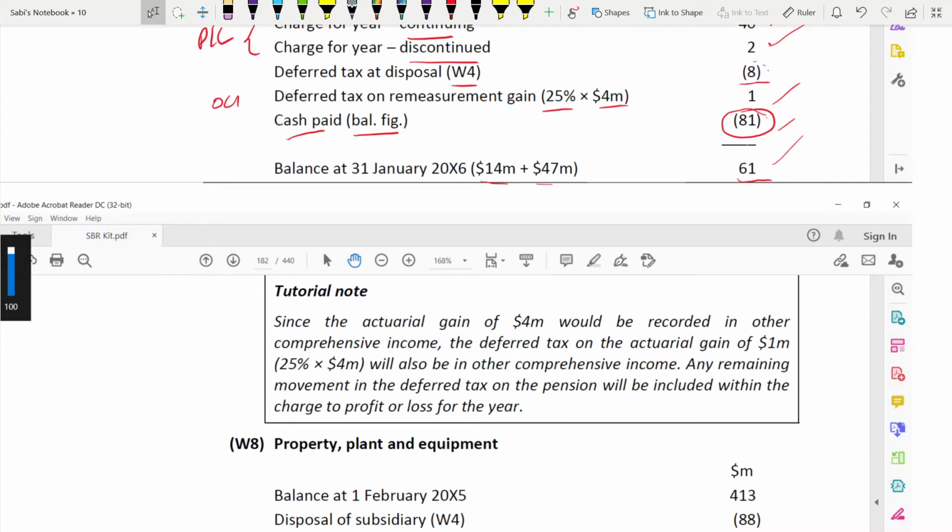If the gain goes in OCI, deferred tax relating to that gain will also go in OCI. That's what the tutorial note is saying. Any remaining movement in the deferred tax on the pension will be included within the charge to profit for the year.